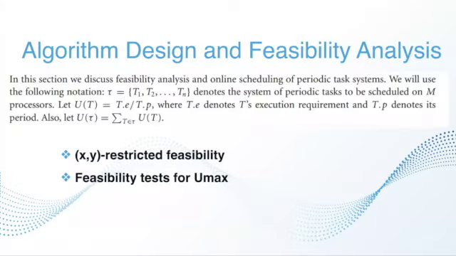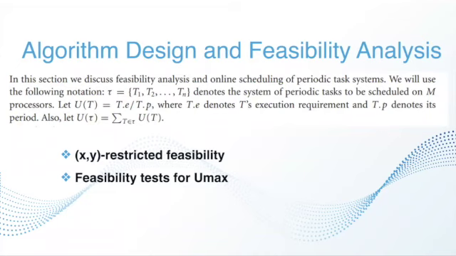In this section, we discuss the feasibility analysis and online scheduling of periodic task systems. We will use the following notation. Tau equal to the set {T1, T2, ..., Tn} denotes the system of periodic tasks to be scheduled on M processors. Let U(T) equal Te over Tp, where Te denotes T's execution requirement and Tp denotes its period.